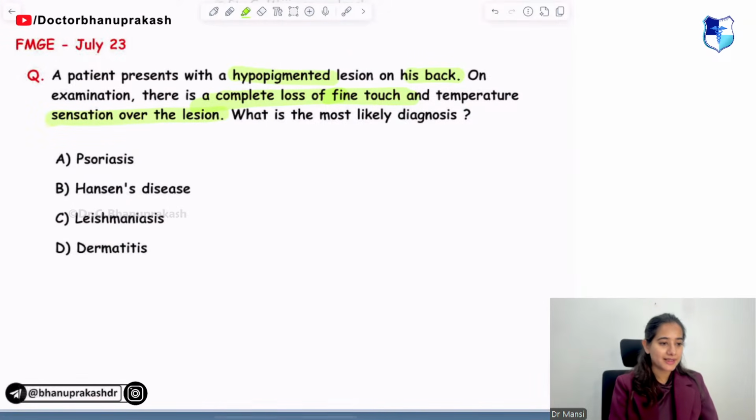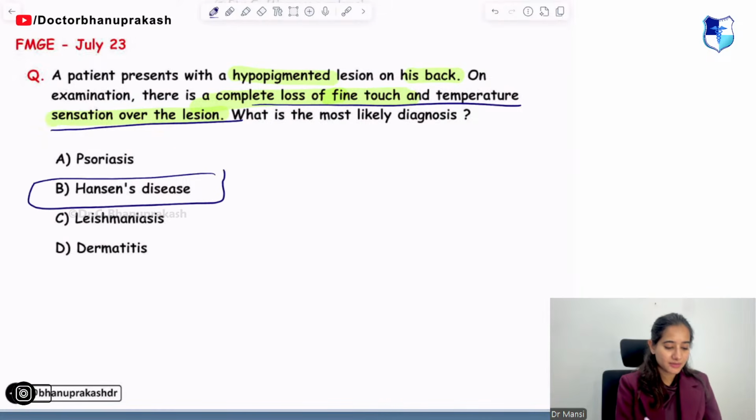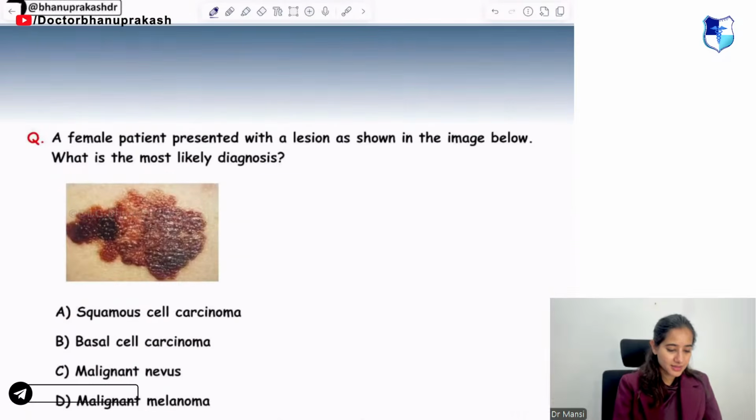What is the most likely diagnosis? Is it psoriasis, Hansen's, leishmaniasis, dermatitis? Yes, as I said, the takeaway for this is loss of fine touch and temperature sensation. This is very, very specific and classical for Hansen's disease.